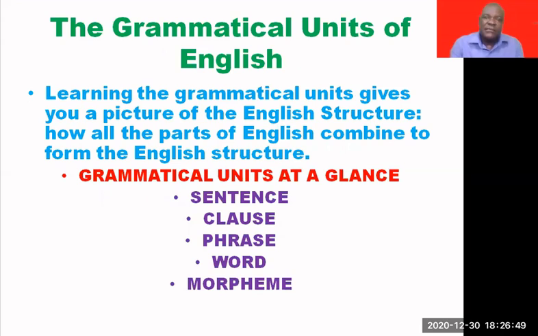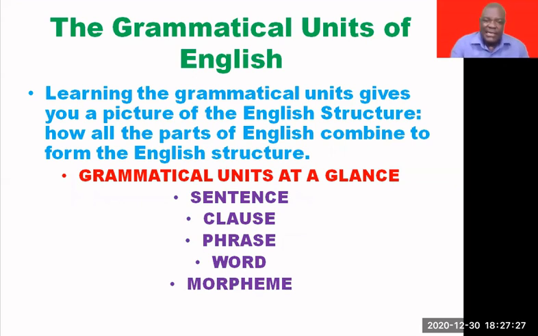Now let's take a look at the grammatical units of English. Learning the grammatical units gives you a picture of the English structure, how all the parts of English combine to form the English structure. Now, I've uploaded a video which discusses the basics of English grammar, and if you refer to that video, you will learn how the grammatical units are interconnected.